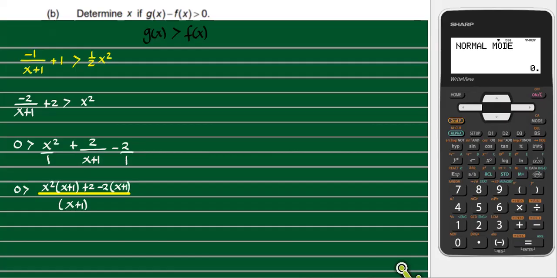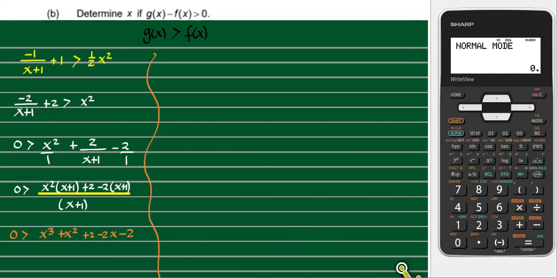I'm just showing you, sometimes they say you don't have to show this working out, but I'm showing you how to do it with the working out. So I'll have 0 is less than, well, I can multiply inside there. I've got x cubed plus x squared plus 2 minus 2x and then minus 2.